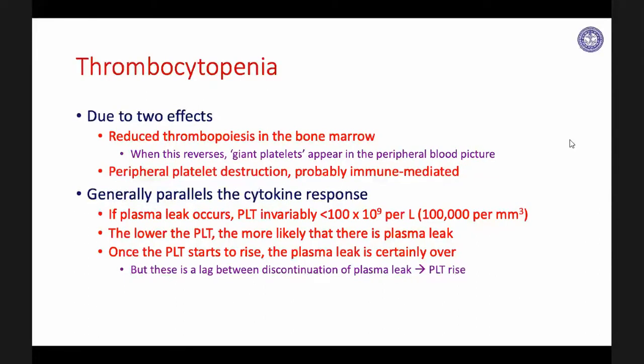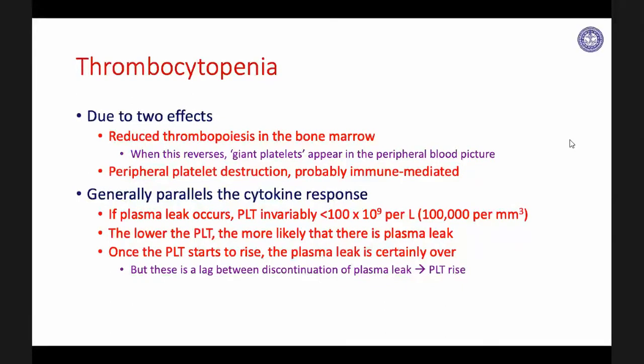On the other hand, it produces the cytokine storm. So they go parallel. Therefore, you can look at the platelet count and decide whether the cytokine storm is getting worse. When the count is dropping, that means the cytokine response is taking place. When the platelet count is increasing again, that means the cytokine response has finished. So the danger period is when the platelet count is dropping, especially dropping quickly.